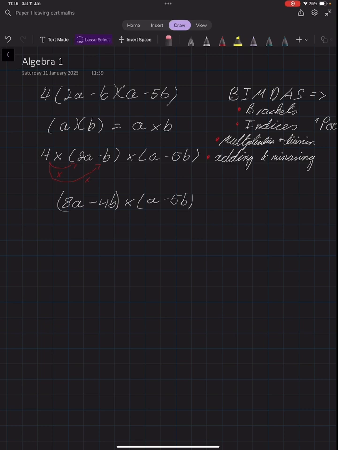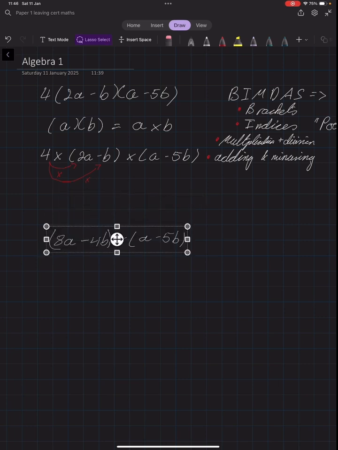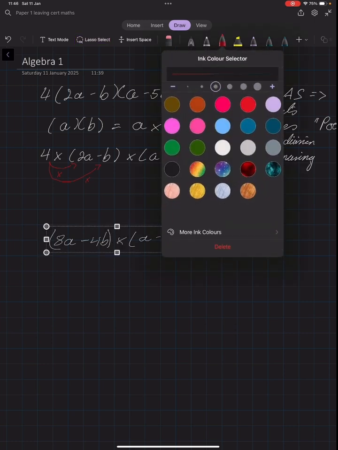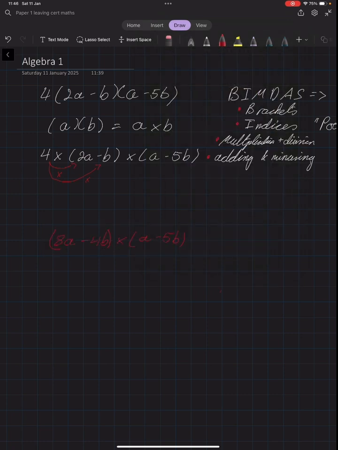I might just move this down, just to have a bit more room. So now that I have this, how do you multiply out brackets like this?